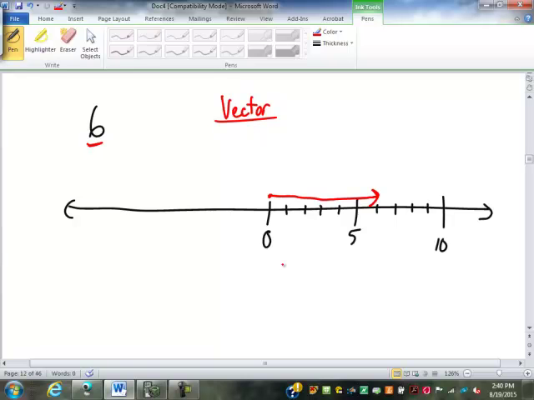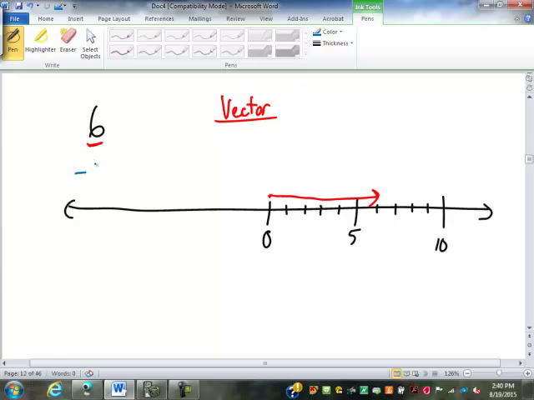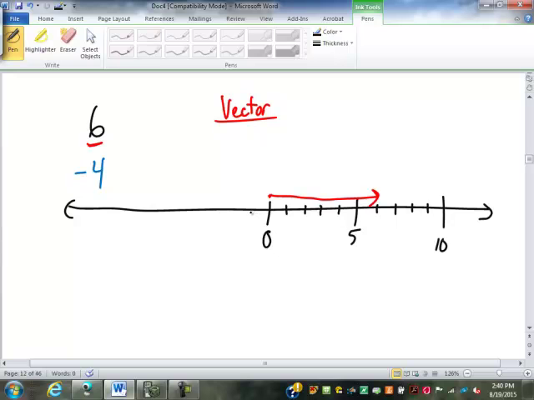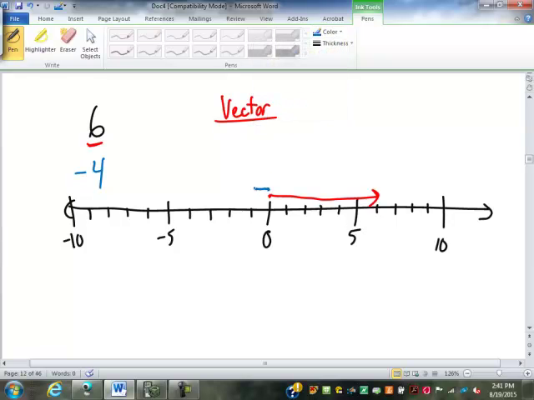Now, one of the reasons why it's so important to define these values, these numerals or whatever like this, is because we run into things like this. -4. And to work with that, we need to have these magnitudes defined. So -4 would start at 0 and go to -4.